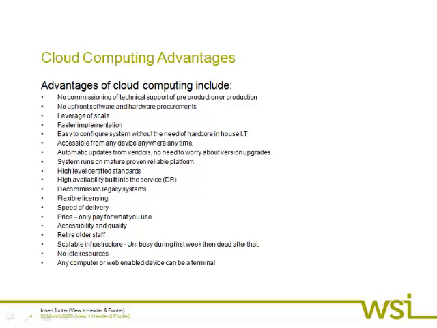Another one down here is high availability built into the service. Of course, with organizations, availability is critical, and having those really high uptimes can be quite difficult to achieve because you need to have a lot of infrastructure in order to have that redundancy. Although when you access the cloud, you automatically have access to that redundancy via the cloud provider, because they're going to have that set up to ensure that they have the right uptime that they've promised you.